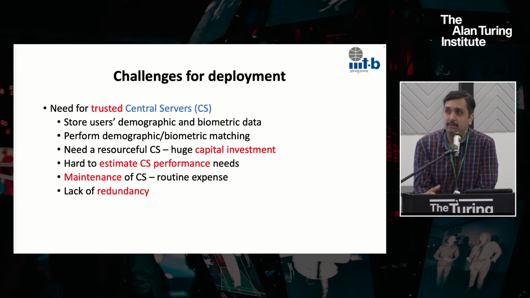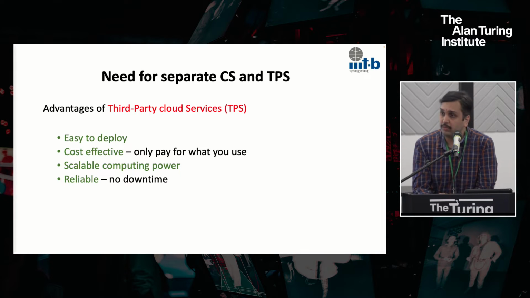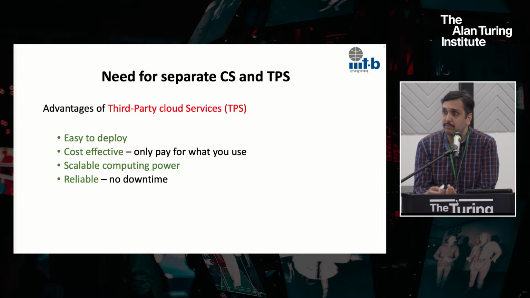There are also costs associated with the maintenance of these computing resources. So it's advantageous to use third-party cloud services, because it would be easier to deploy, cost-effective, and the maintenance is going to be much easier.